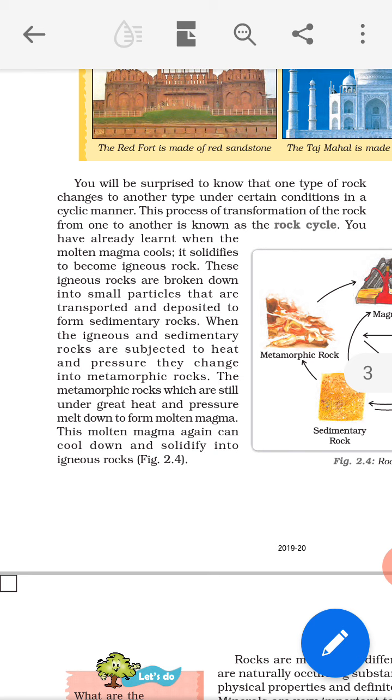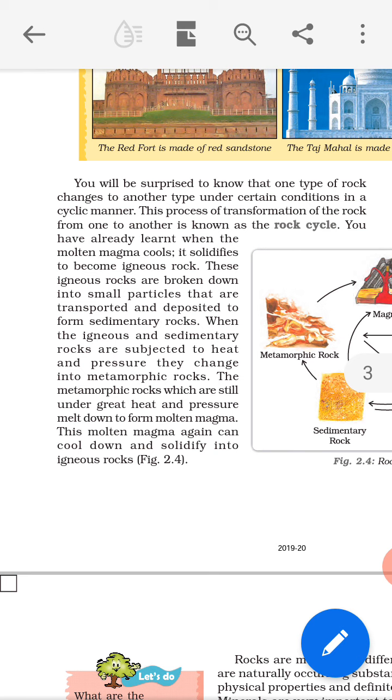Now students, here you can see the rock cycle. Just listen carefully. After transformation into metamorphic rock, these metamorphic rocks again change. How?